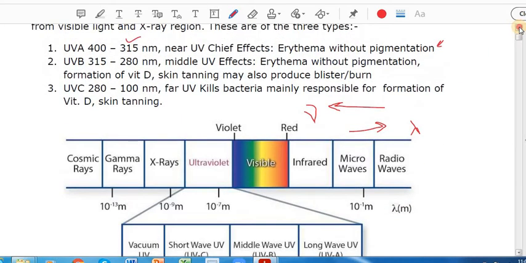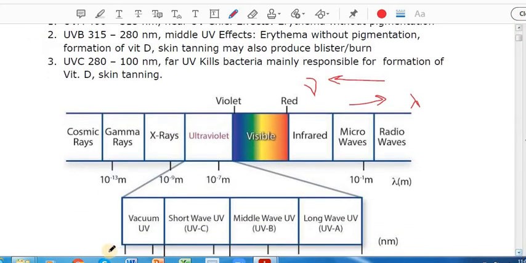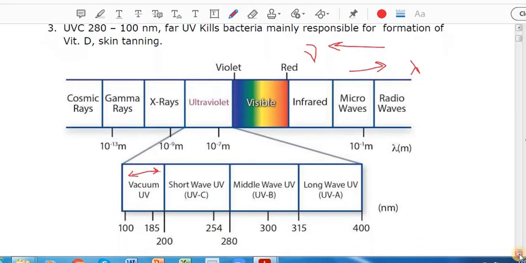So practically we say that these three are the radiations, but in terms of physics they say that there is a band which is even after these, and that is known as vacuum UV. Why the term is vacuum? We all understand that the ultraviolet radiations react with the atmospheric oxygen, and they convert the oxygen into ozone.